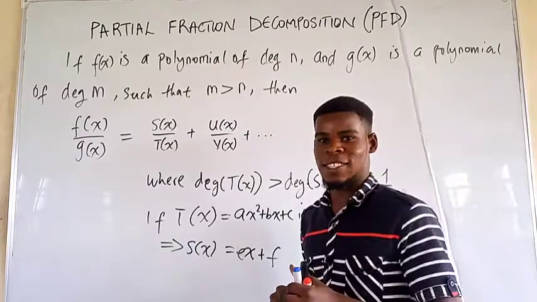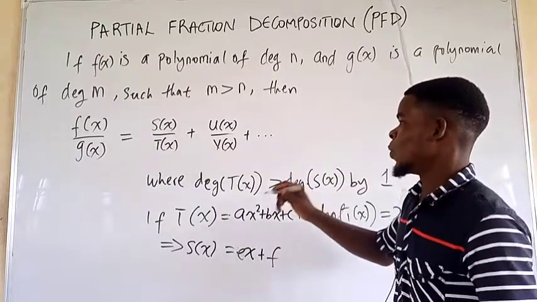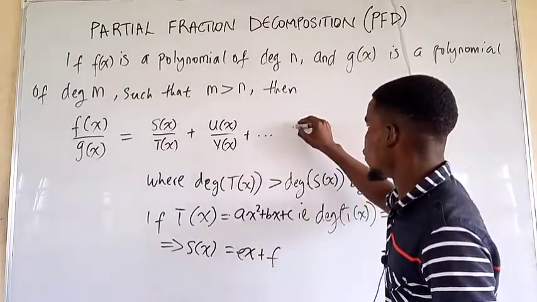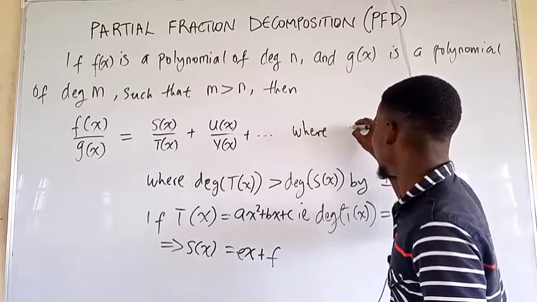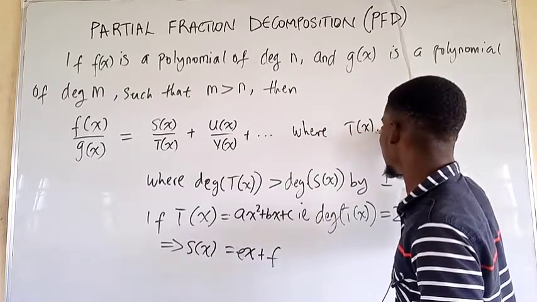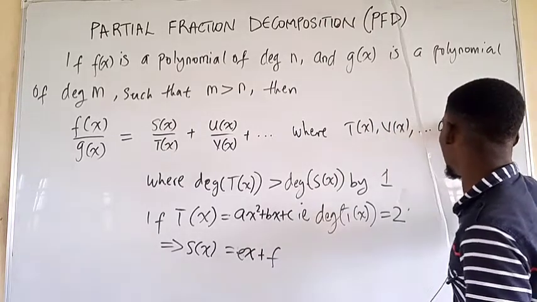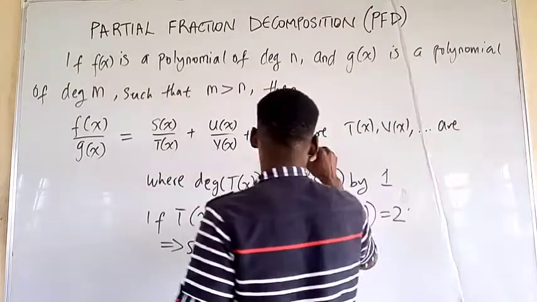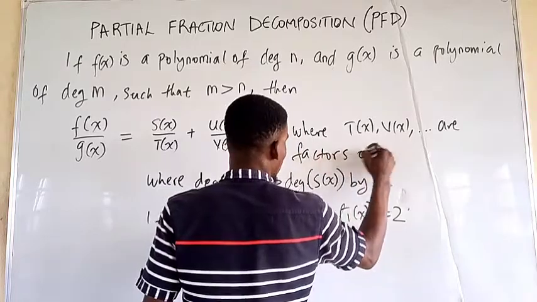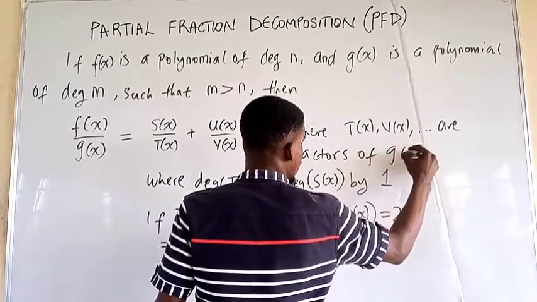Yes, I forgot to add something. Now, this is equal to this, where t of x, v of x, and so on are factors of g of x.